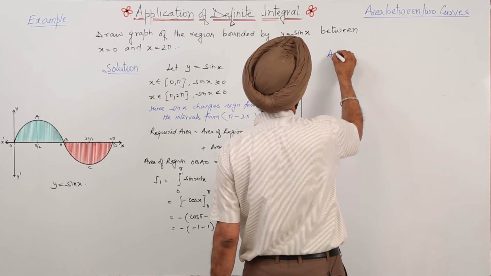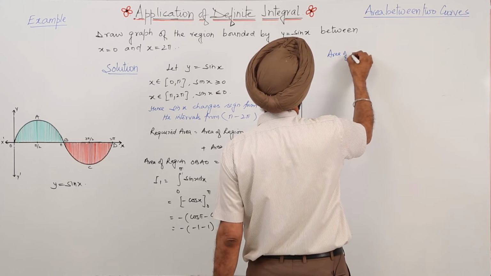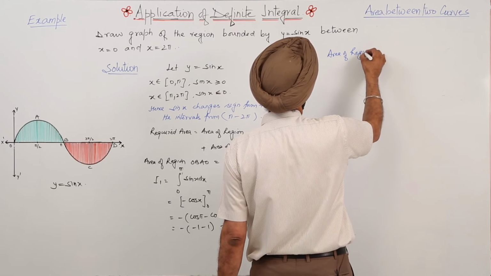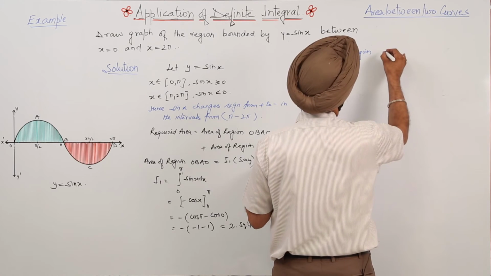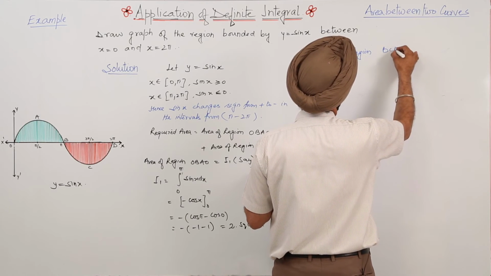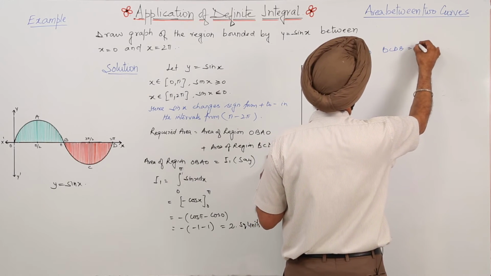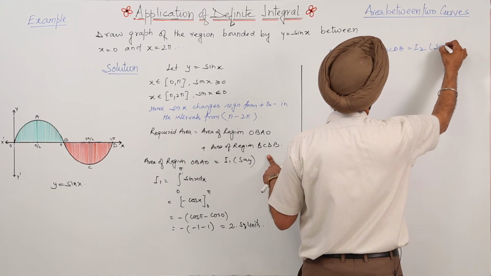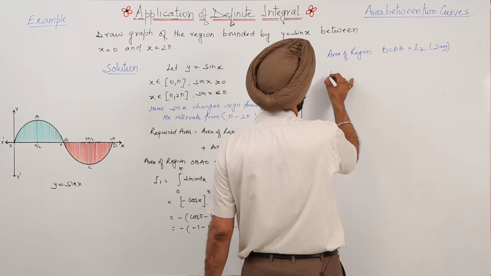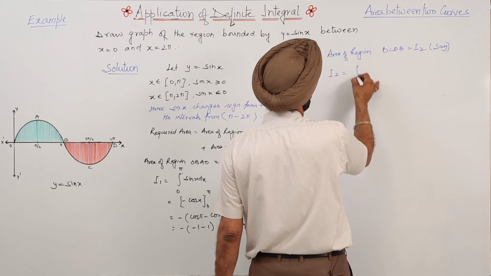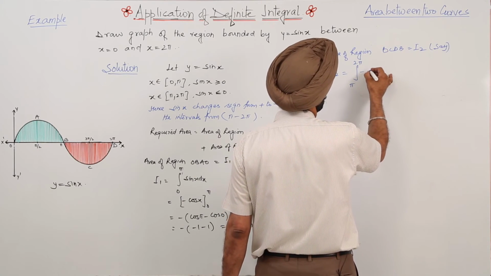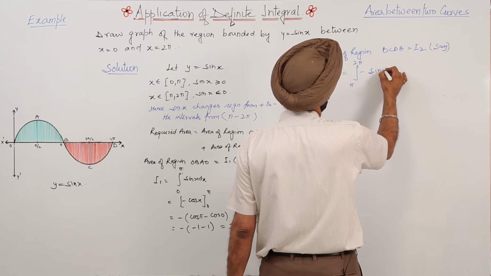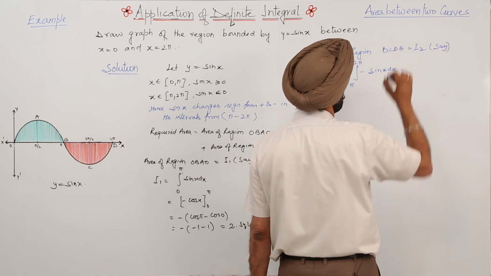Area of region, that is BCDB, is equal to I2. Say this is I2. Now, I2 is equal to the integration from pi to 2 pi of negative sin x dx.